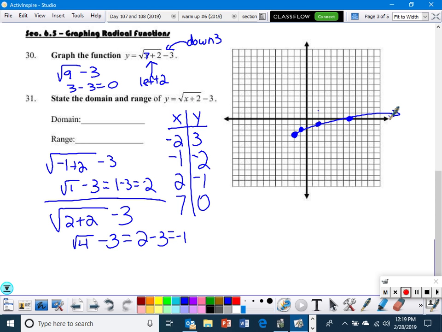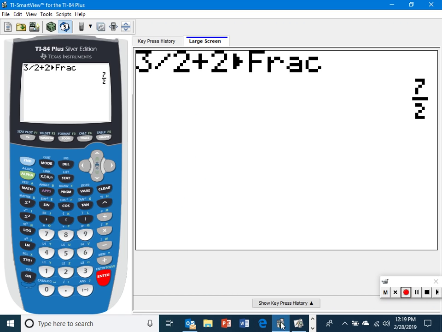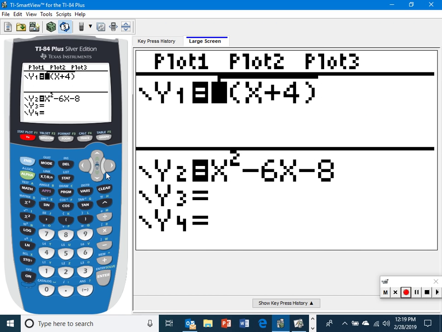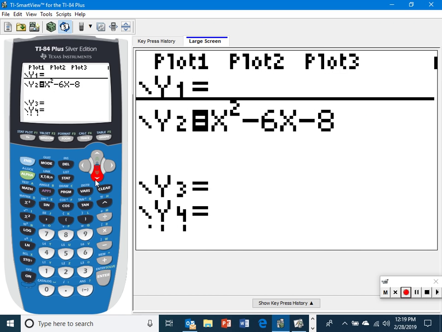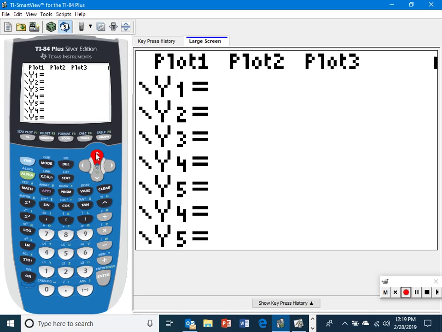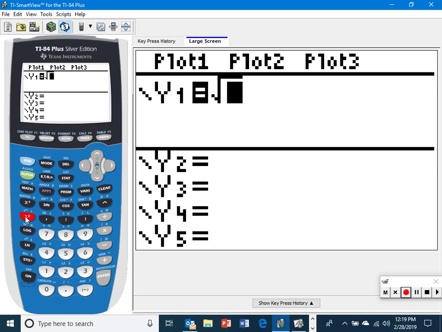Okay, if you have the fancy calculator, you could also type that into your calculator. You could type in the square root of the x plus 2. And then the minus 3.